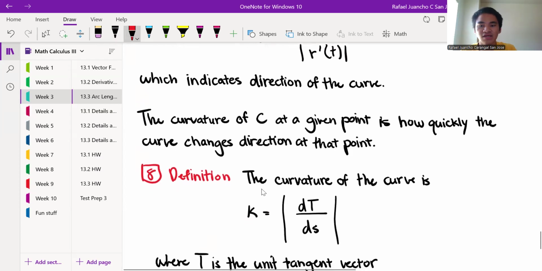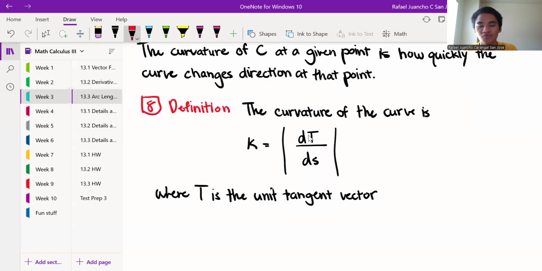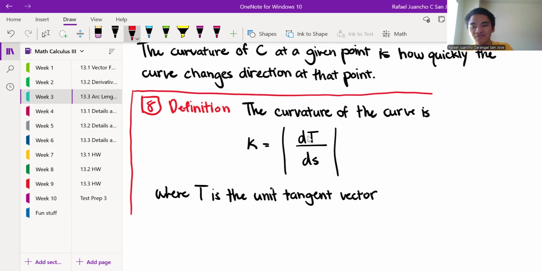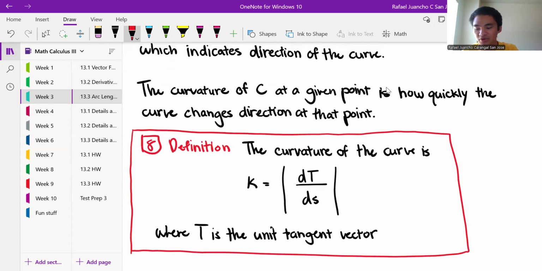But intuitively, it's how quickly that curve changes direction. Maybe it's not intuitive, but here we're getting the derivative of its unit tangent vector. So we're seeing how fast that tangent vector changes, right? Because the tangent vector tells us the direction at that point.